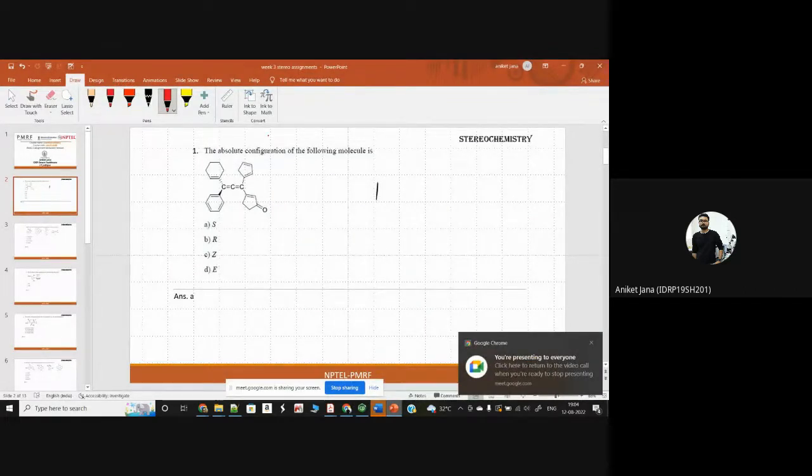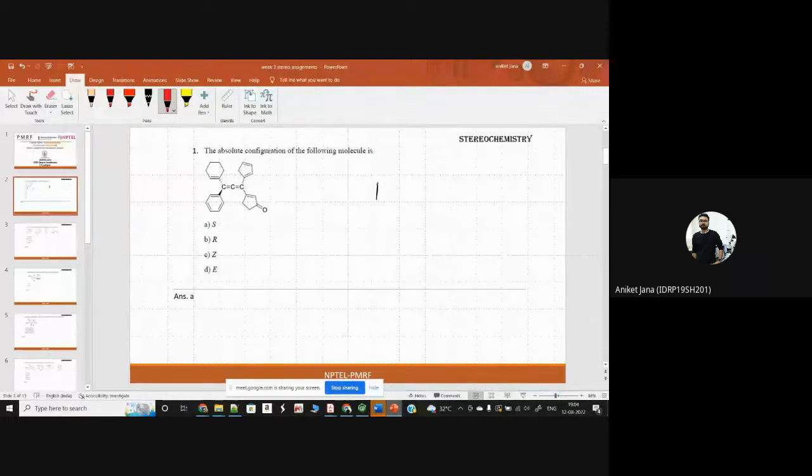So how can we determine the configuration of the chiral axis? Let's discuss with this example.